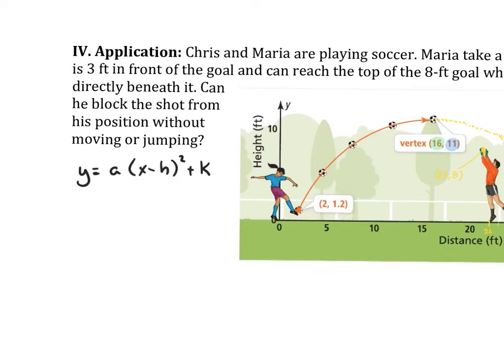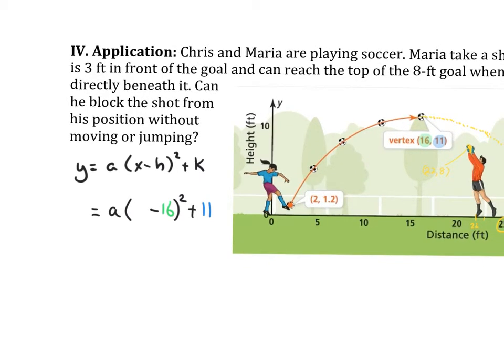Now, I'm going to teach you a little bit of a trick here. Notice I'm leaving some blanks, so I suggest leaving the same blanks as I did. 16 goes there for h, and the k is 11 feet up. So that's the height the ball gets to, and it looks like it's the maximum. The highest the ball goes is at 11 feet.